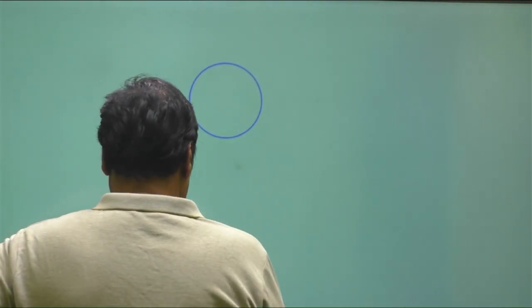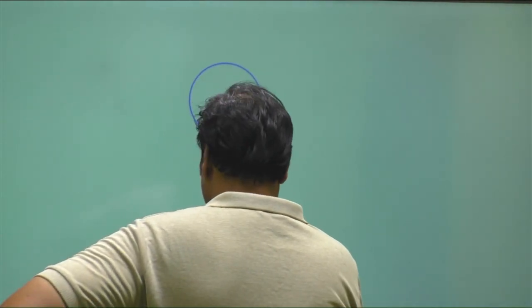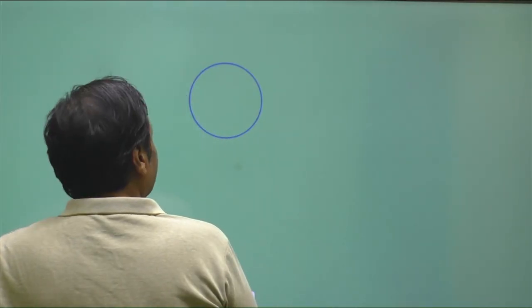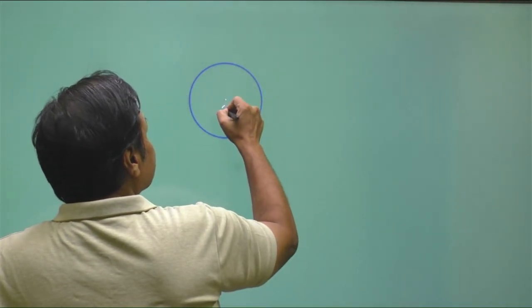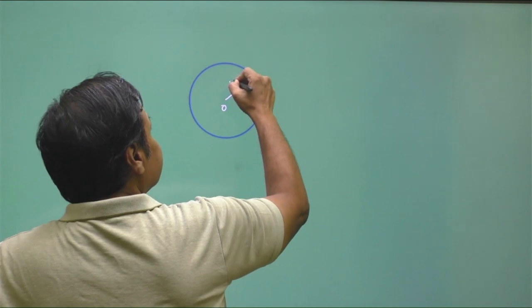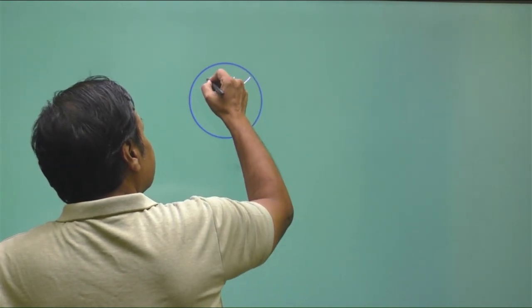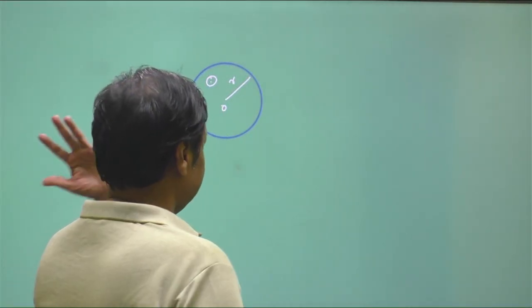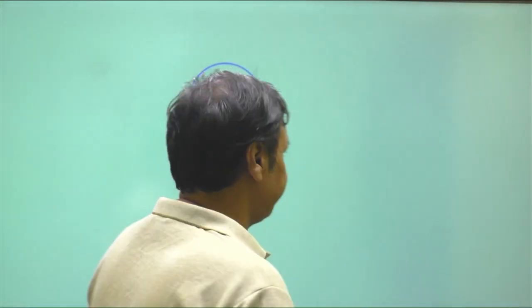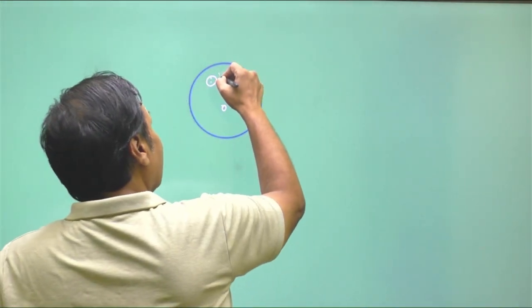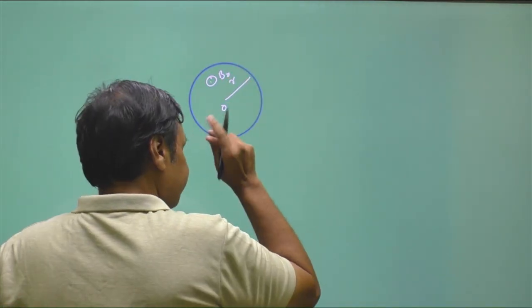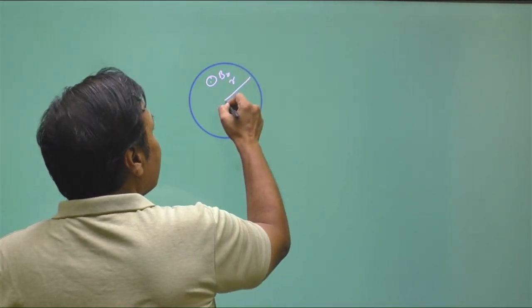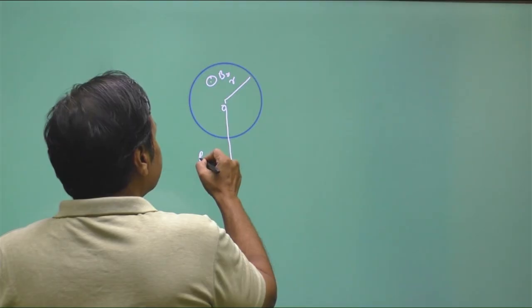Here is the circular region, this is the center and its radius is r. It produces a magnetic field perpendicular to the plane of one of the loops of this solenoid, and its value was B naught initially.